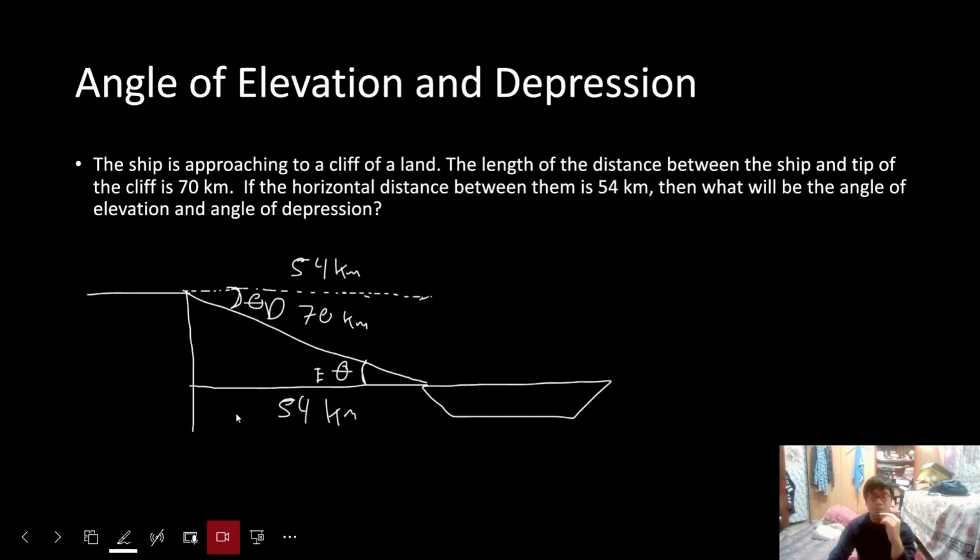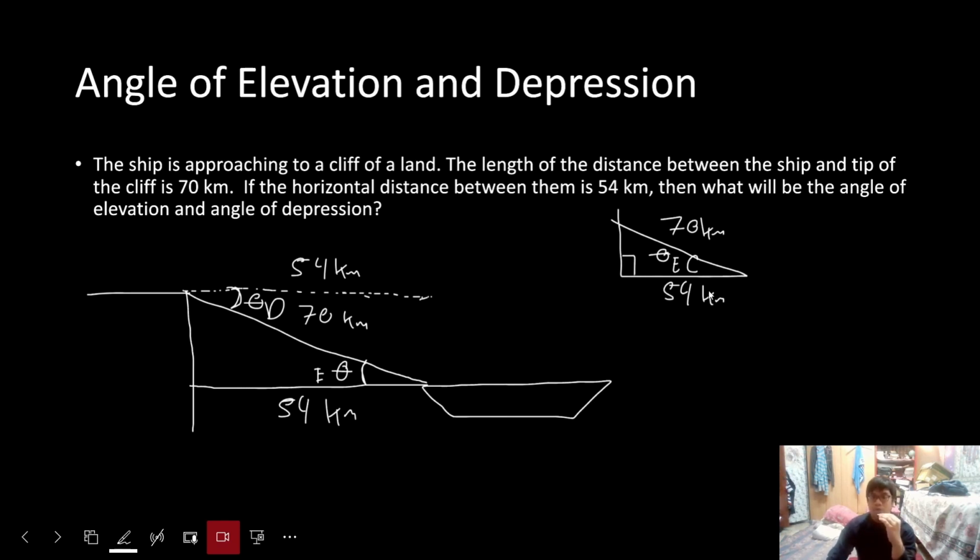Let's start first with the angle of elevation. So we have this one, the angle of elevation. Let's just say theta e, so that we won't be confused. The hypotenuse here is 70 kilometers and the horizontal distance here is 54 kilometers.